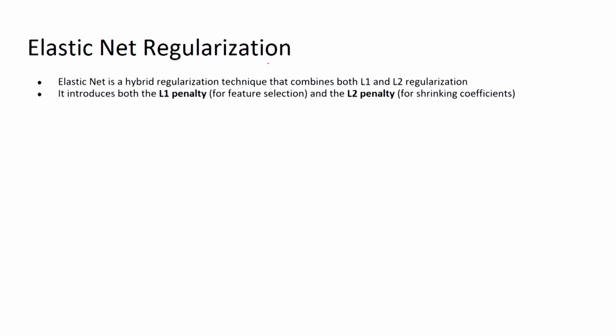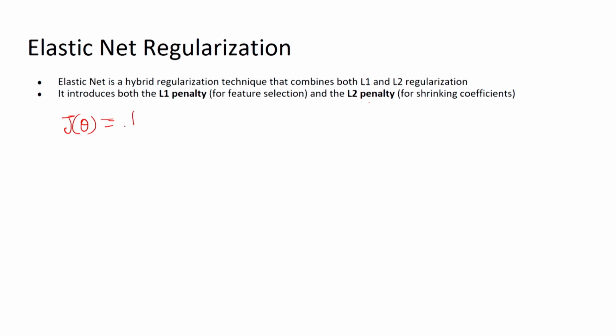We have already seen what L1 and L2 regularization are. In the L2 case, we added one penalty term, and in the L1 case we added another penalty term in our cost function. In elastic net we will add a combination of L1 regularization as well as L2 regularization.